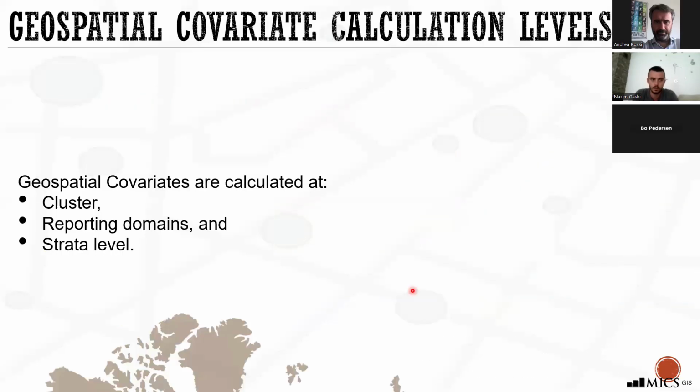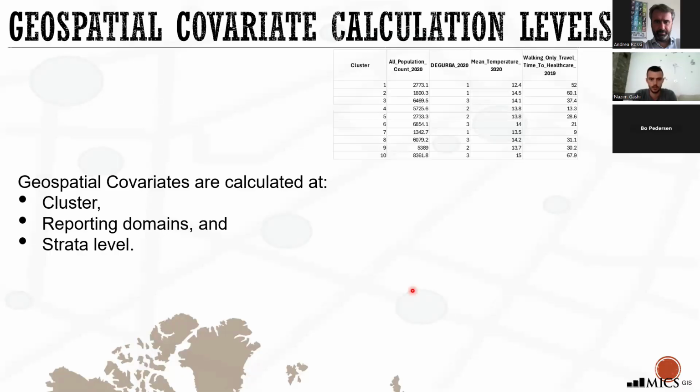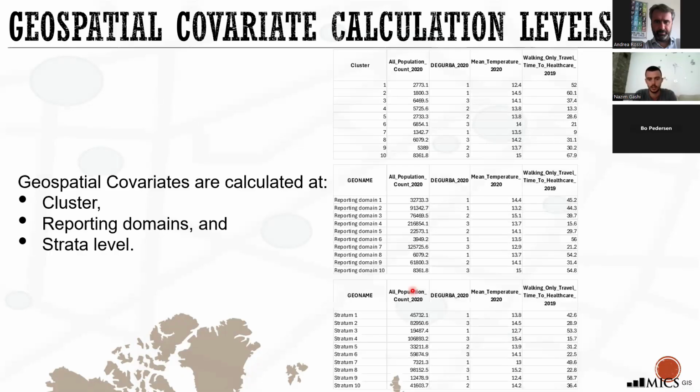So for the geospatial covariates work, we are calculating at three different levels. We are calculating the covariates at the MICS cluster level, at the reporting domains level, and at the stratification level for each specific MICS survey.